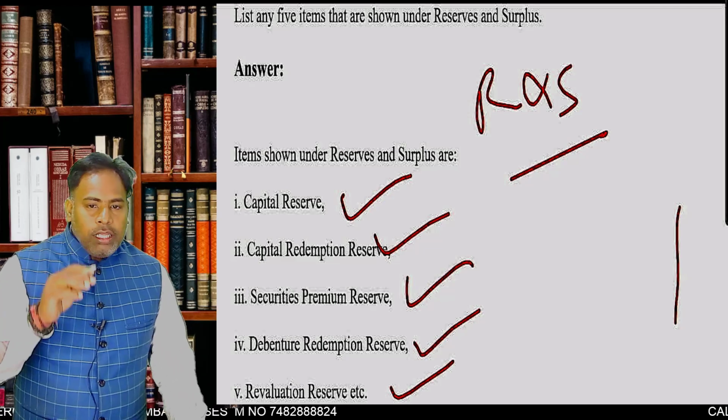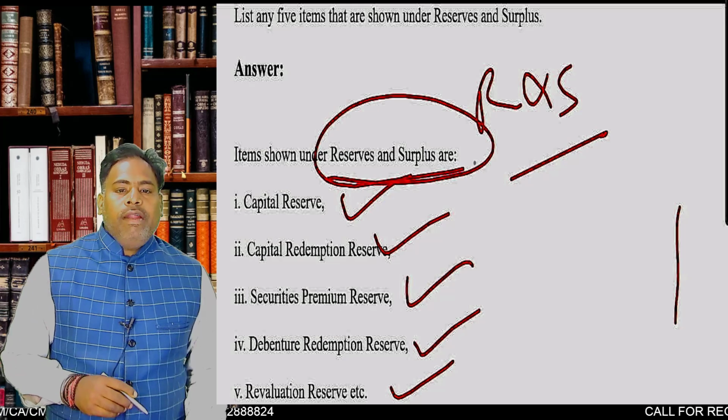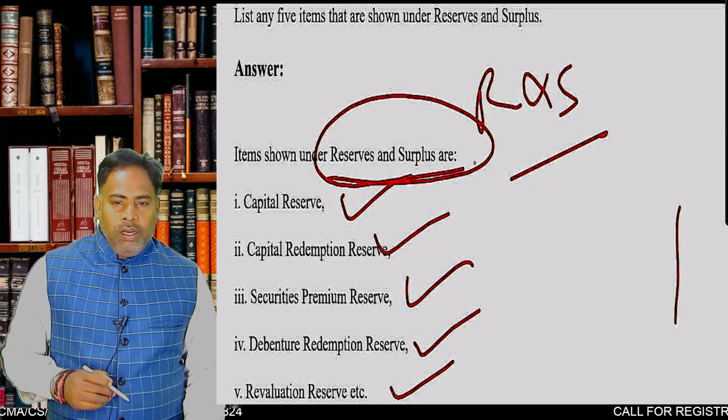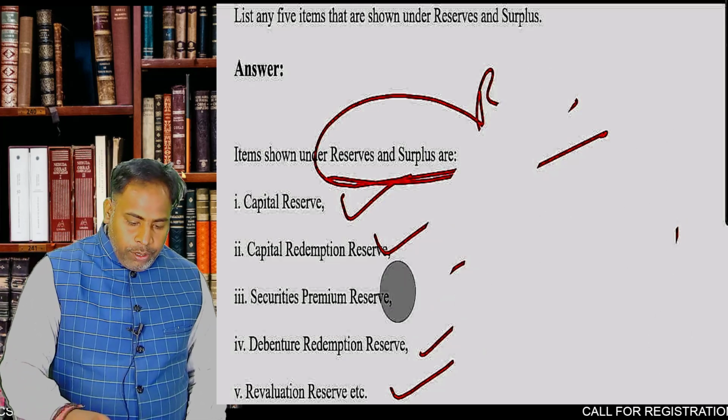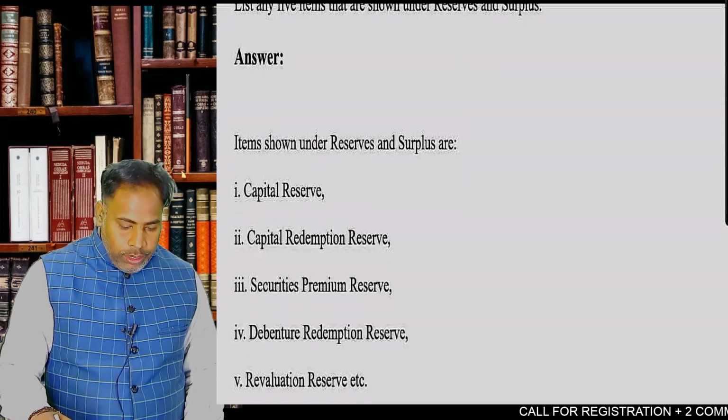So these are the 5 kinds of reserves which are shown in reserve and surplus. Okay, I hope you are able to get it. Next, we'll continue with the next question.